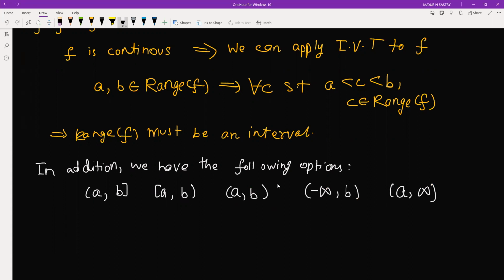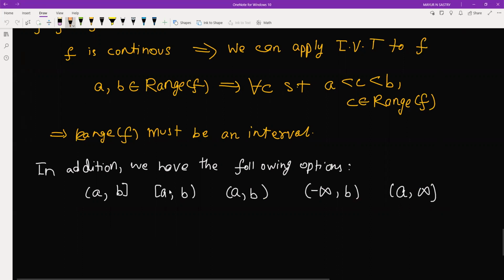The other intervals, the closed intervals, and minus infinity comma b closed, a comma infinity closed are all already included in the statement. So we want to show that none of these is actually possible. It's not clear a priori why that is true, but we are going to prove that.